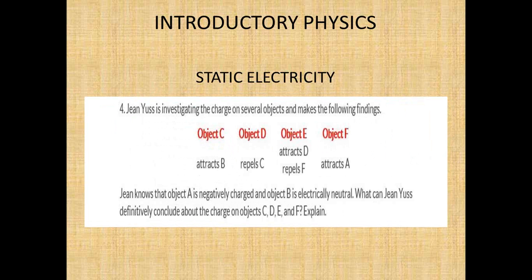If object C is attracting B, and B is neutral, a neutral object will attract any charged object. So C can be positive or it can be negative, since it's attracting a neutral object. Another neutral object will not attract a neutral object. So we can say that C is positive or negative.